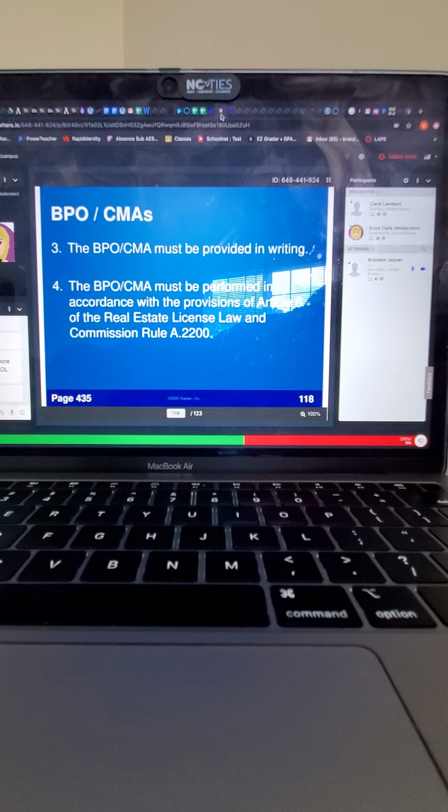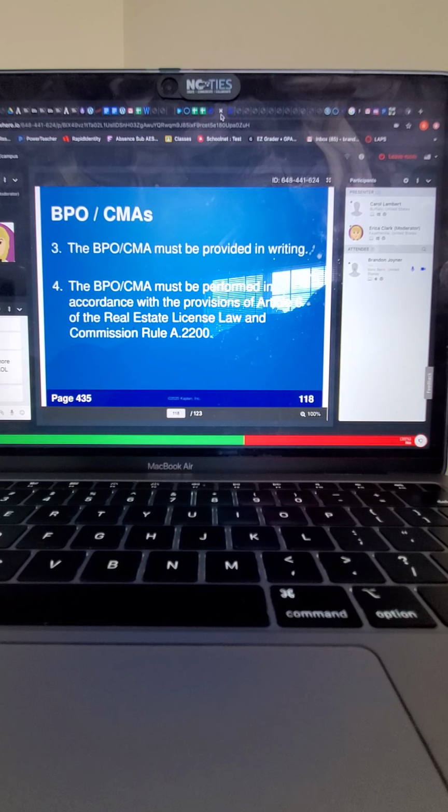Utilize the principles of appraisal, which are those terms that we learned yesterday: conformity, contribution, substitution, change, all those. Got to use that terminology in doing your BPO. You must use a minimum of 3 comparables.